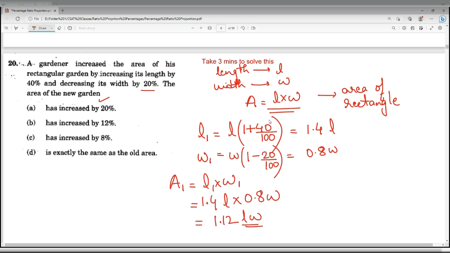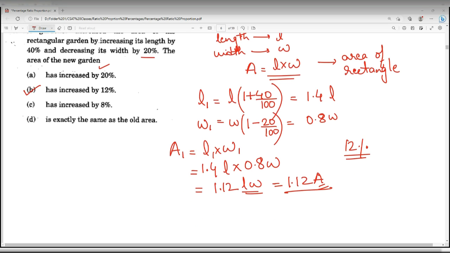You know that LW is A. This is equal to 1.12 A. So the area has increased by 12%. Why is it 12%? Because this is 1.12 times A. So I hope you have understood this. The correct option is option B.